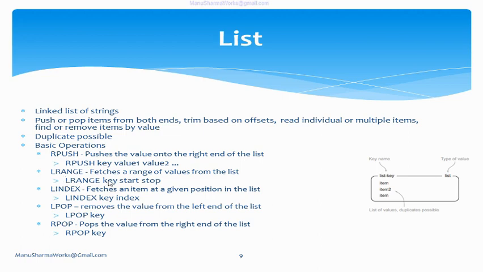Another command is LRANGE. We can fetch a range of values from the list. The first value is at index 0, the second has index 1, the third has index 2. If I want to fetch only item and item2, then I can use the command LRANGE key 0 1.